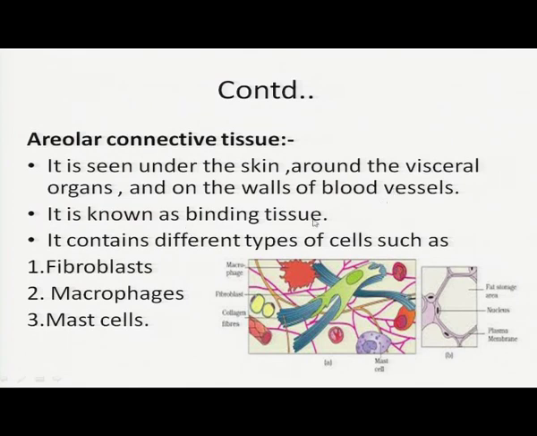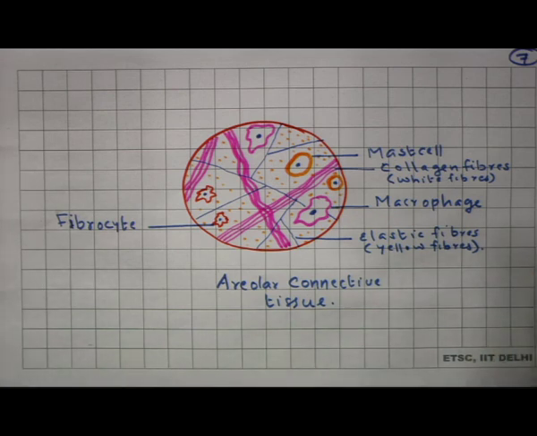It is known as binding tissue. It contains different types of cells such as fibroblasts, macrophages and mast cells.